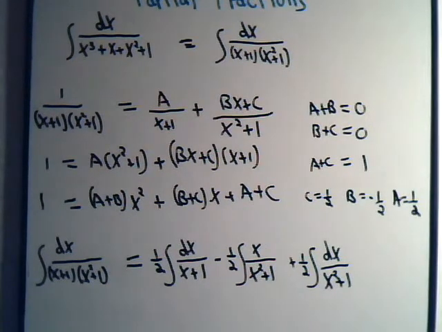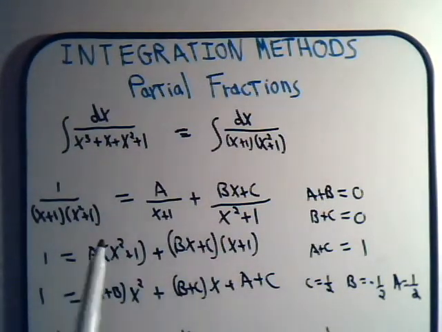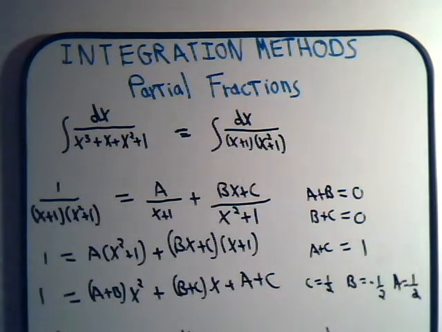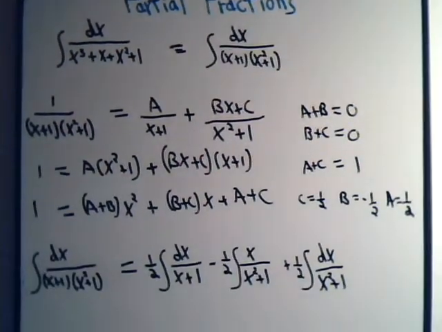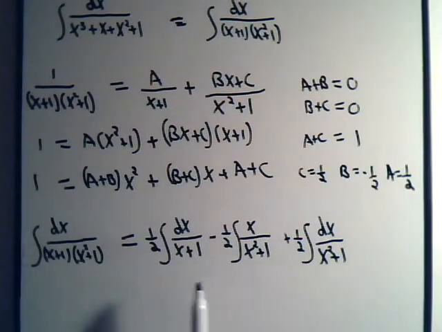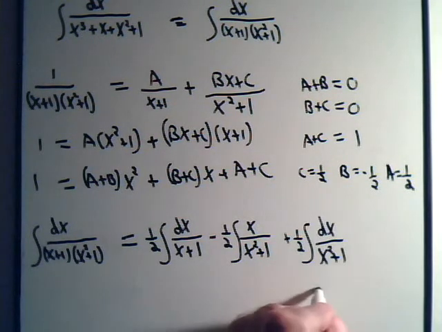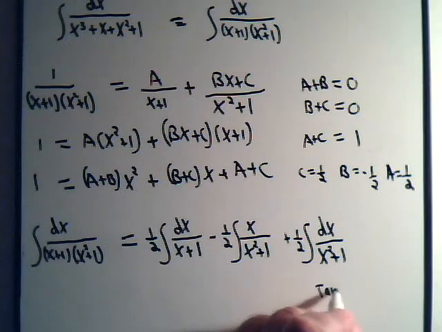So we started off with this without too much problem. We could factor that out. We go through the partial fractions then, and our integral falls right apart. Dx over x squared plus 1, hopefully you recognize this as inverse tangent of x.